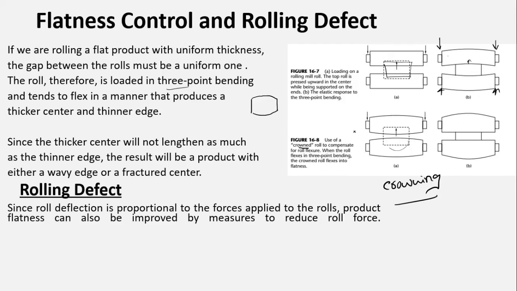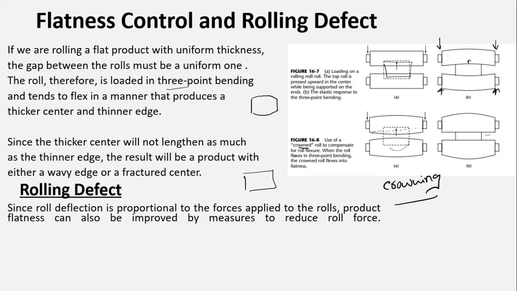So when such rolls are used in the rolling operation, and the product gets into the gap and the force is applied, again the roll bends, but due to the bending they become flat. So ultimately the product we get is flat from top and bottom. This is how we can save the shape of the product from the bending.